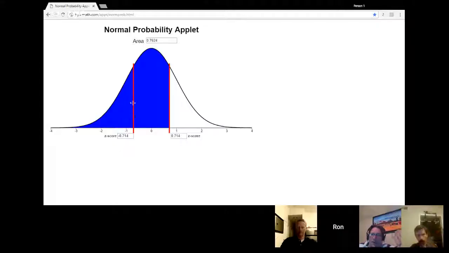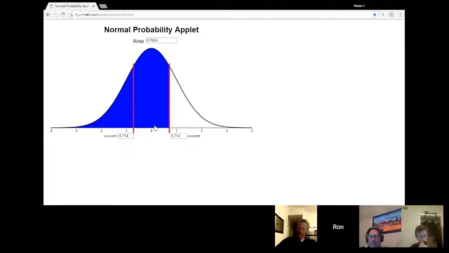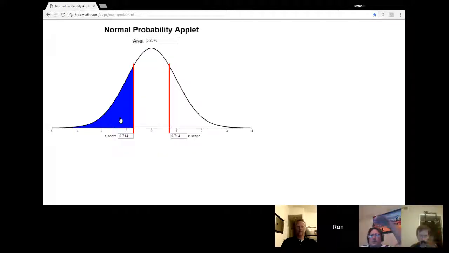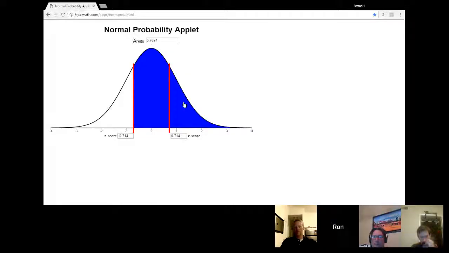And this is 0.6 right here. This one's 0.7. Right in the middle is 0.65. That's your mean. And so we're going less than. 0.6, less than 0.6, is over here, and that gives us 0.2376. More than 0.6 is everything over here, and that's 0.7624.